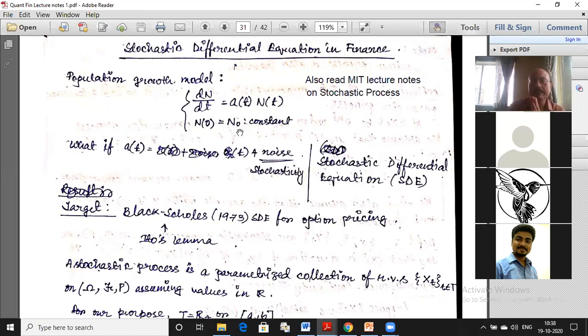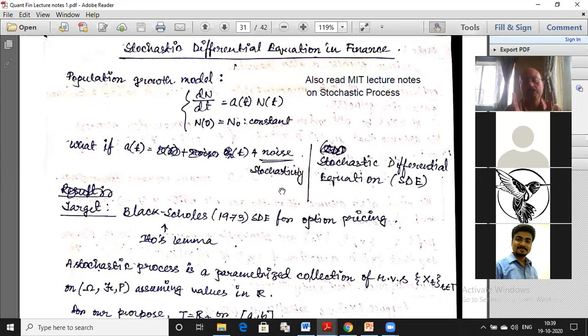So the resulting differential equation will look like dN/dt equal to a(t) N(t), where a(t) is given by some r(t), which is the trend part or deterministic part of the growth rate, plus some noise. We will make this more precise. Now I'm just writing it in simple English, but we want to make it more precise.